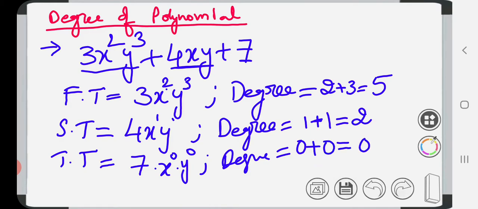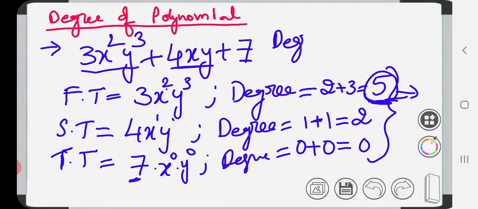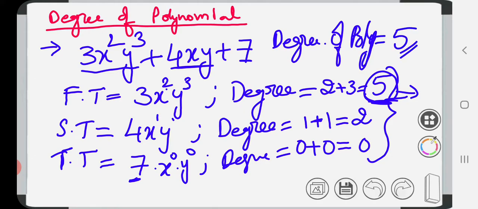So, observe that anywhere the constant term degree becomes 0. And after that, if you want to write the polynomial degree, the maximum value becomes the polynomial degree. Here 5 is the maximum value. Therefore, the degree of the given polynomial is equal to 5. Like this you have to write.